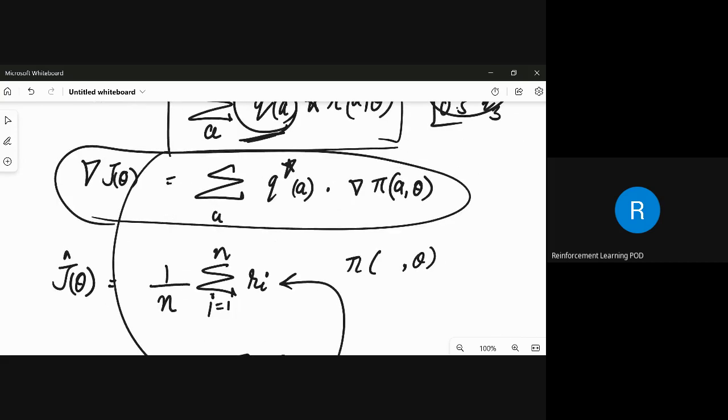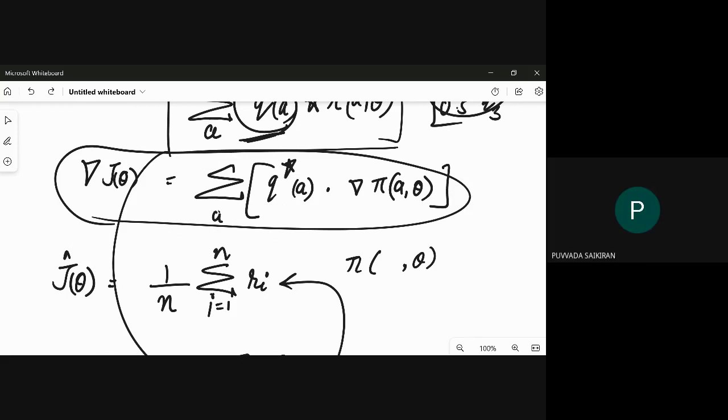But in order to convert it into expectation, I need to make sure that in this formula there is some quantity by which I multiply, and this quantity sums up to 1 with this summation, right?